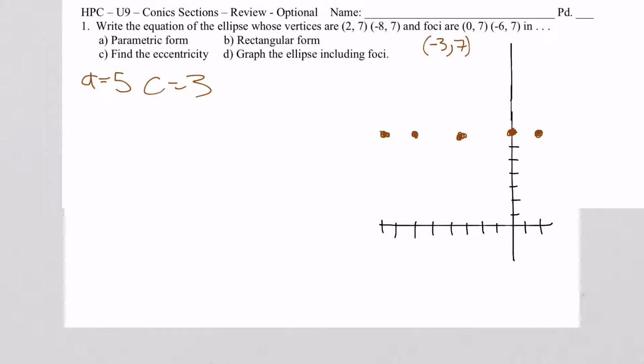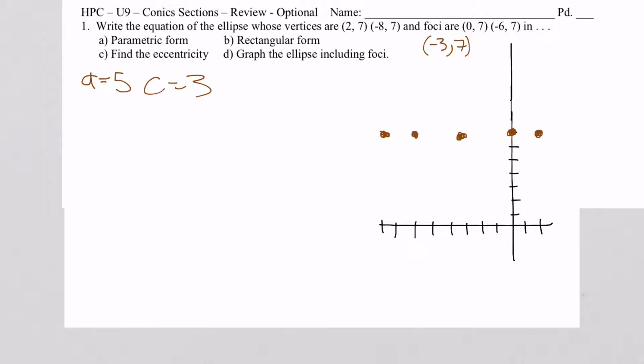And from that information, I can figure out my B value. So I know that the connection between A, B, and C is a Pythagorean relationship. You might not be remembering what is going to be on the side by itself, because it's not always what you think it might be. So what I do is I remember that in any Pythagorean relationship, the largest thing needs to be by itself.